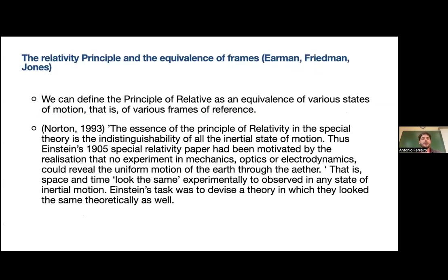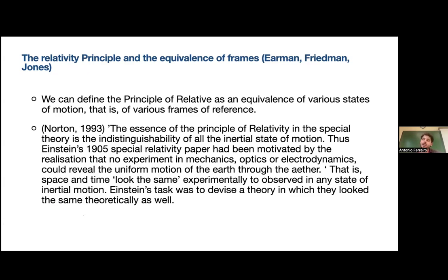Okay, so how can we try to unify these different ideas? How can we make sense of this puzzle? A beautiful, nice intuition proposed by Ehrman and then updated by Friedman and Jones is the following. We can define the principle of relativity as an equivalence of various states of motion, that is, of various frames of reference.